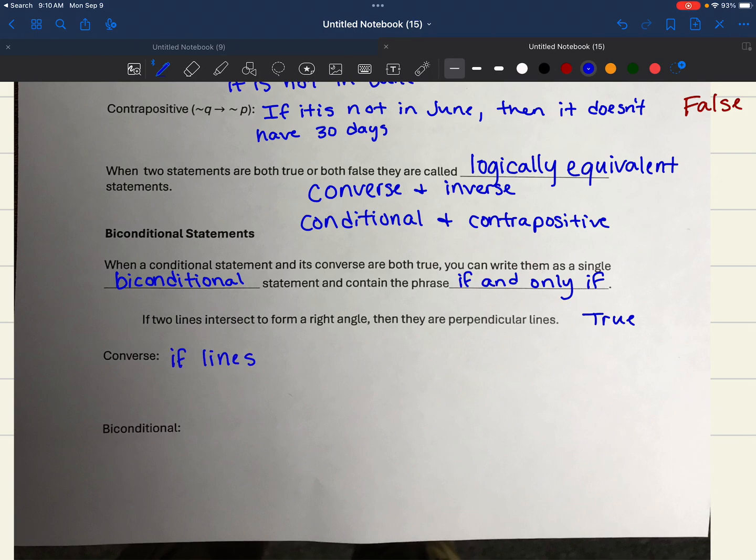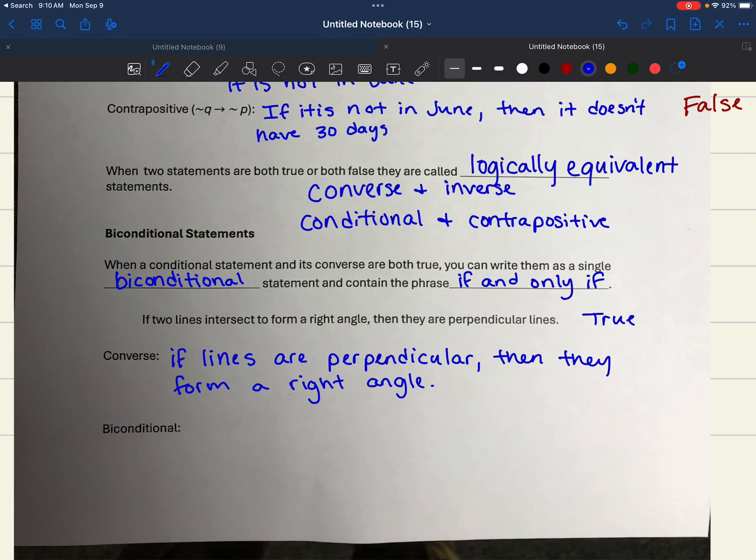If lines are perpendicular, then they form a right angle.